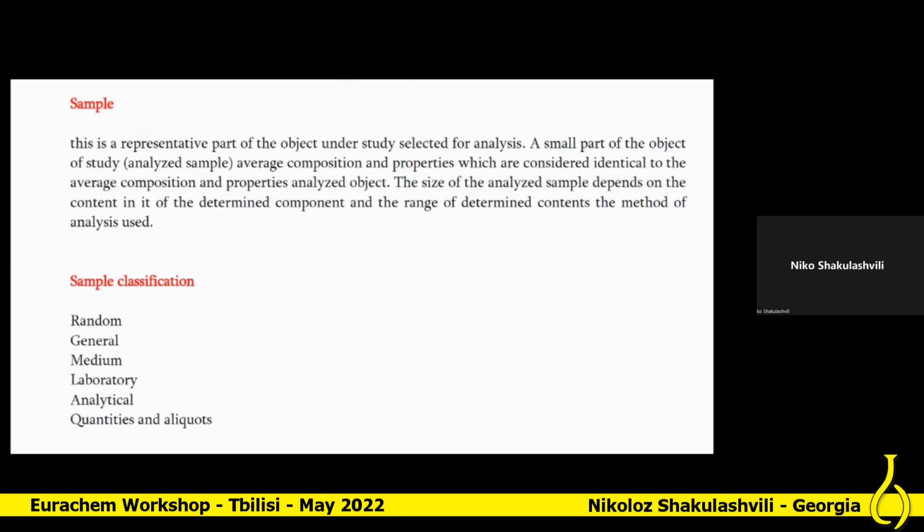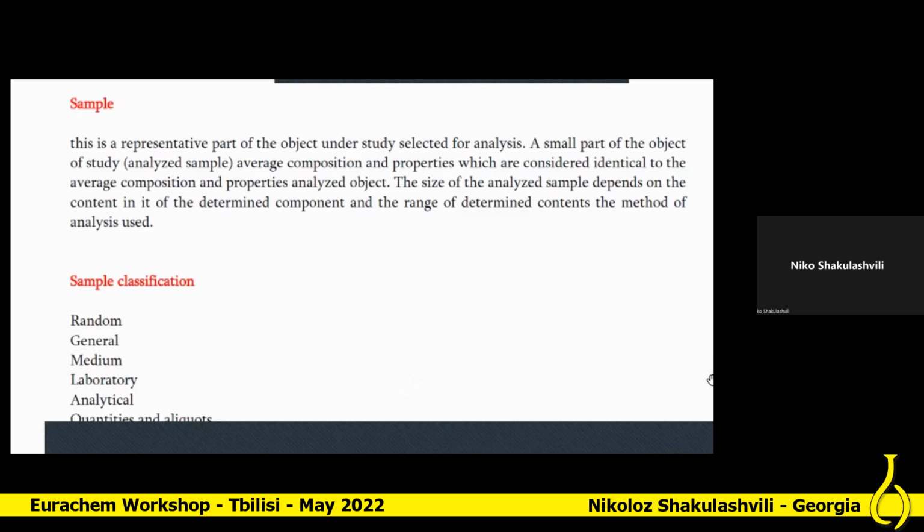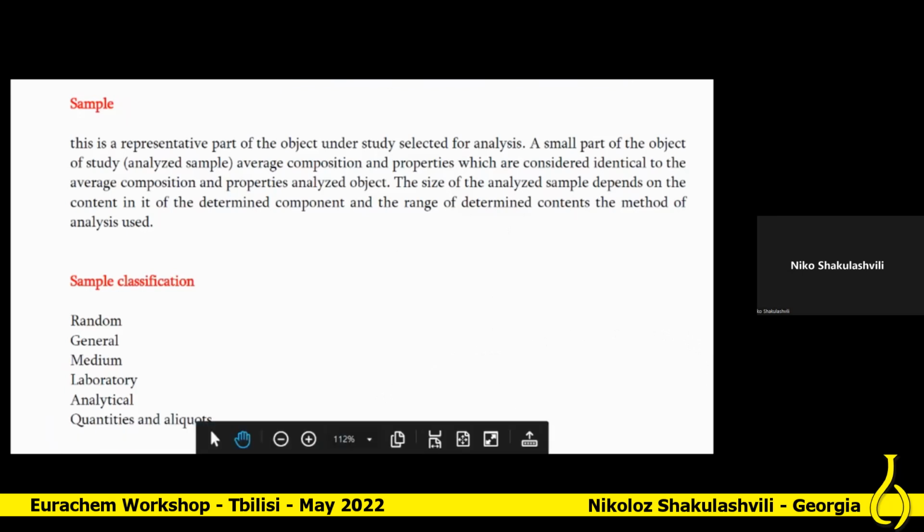And when it comes to the sample and the size of the sample, it all depends on different components that we need to analyze, which is a matter of our interest. And here we speak about what could be the size of the sample that we take.